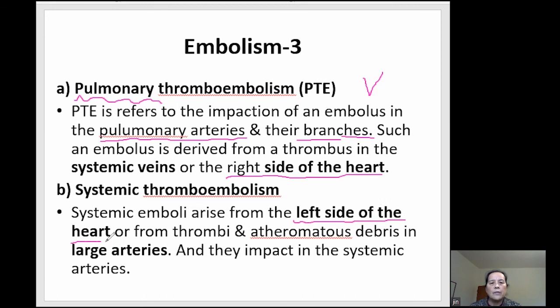For example, something formed inside the left side of the heart and then falls down. It follows the blood circulation, passes the big arteries first, then goes to tissues all over the body, and blocks the small arteries. Depending on where it blocks, the problems may be very severe, or maybe not that severe.